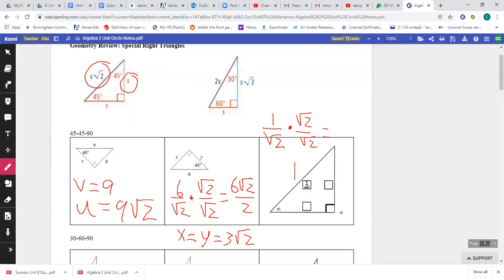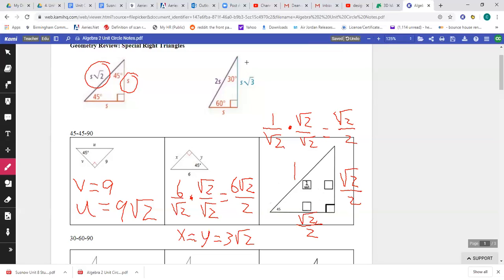So whenever there's a radical on the bottom, you multiply by that radical, numerator and denominator. And then this ends up being √2 over 2. So that means both of the legs are √2 over 2. Because it's a 45, 45, 90, the two legs are the same. Okay, so that's the review of the 45, 45, 90.